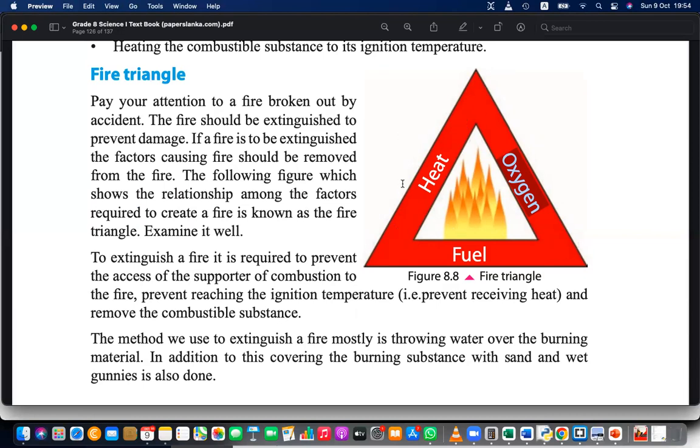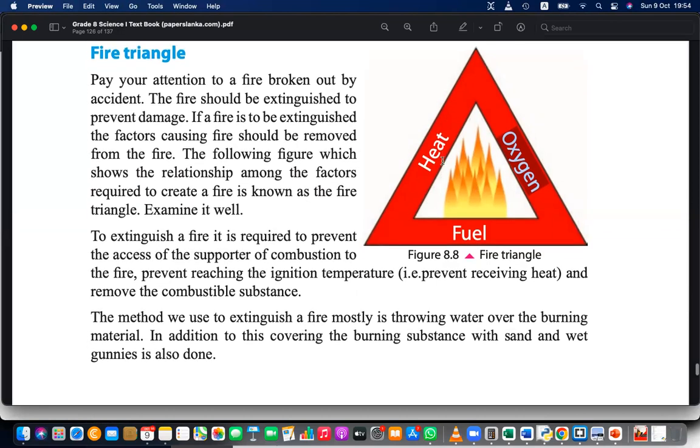Or the heat is removed. This is important because if you want to become a firefighter, or if you want to stop a fire, firefighting people use fire extinguishers.